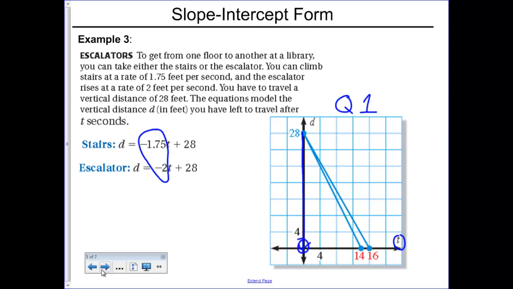You can see that it took 16 seconds to get down by stairs, and it took 14 seconds to get down by the escalator. So how much faster do you get down to the next floor by taking the escalator? Well, 16 minus 14 is 2 seconds faster.